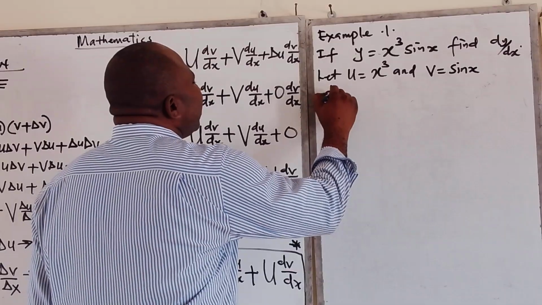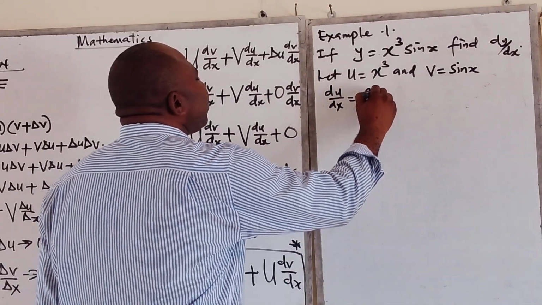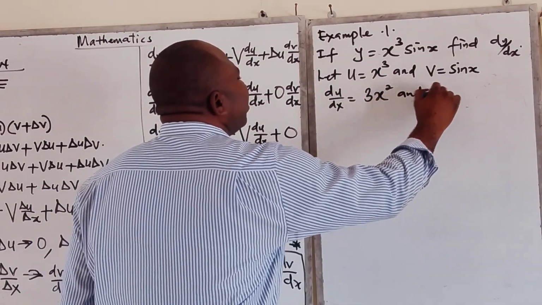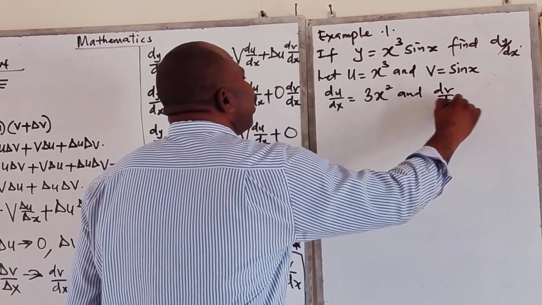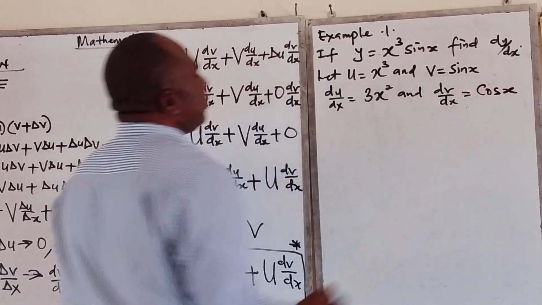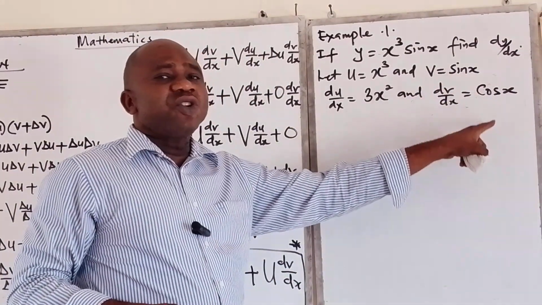Now, du/dx, when you differentiate x power 3, gives 3x raised to the power of 2. And dv/dx, when you differentiate sine x, gives cos x. Yes, the standard derivative of sine x is cos x.